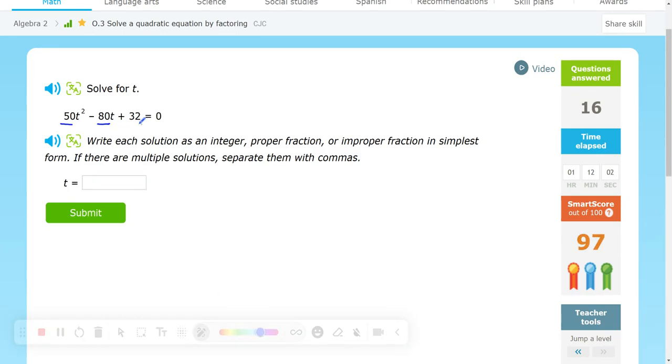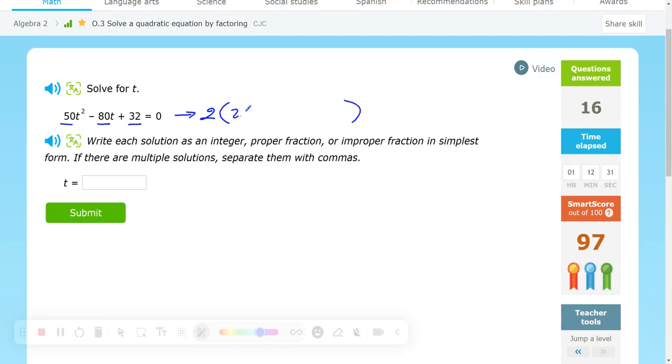58, negative 80, and 32. Ooh, I can simplify this by 2. Maybe I can do more. Because these are the last problems, they make it very big. So 32 is... yeah, only simplify by 2. So let's factor by 2.